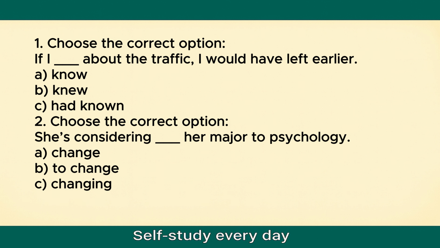1. Choose the correct option. If I blank about the traffic, I would have left earlier. A. No. B. Knew. C. Had known. 2. Choose the correct option. She is considering blank her major to psychology.